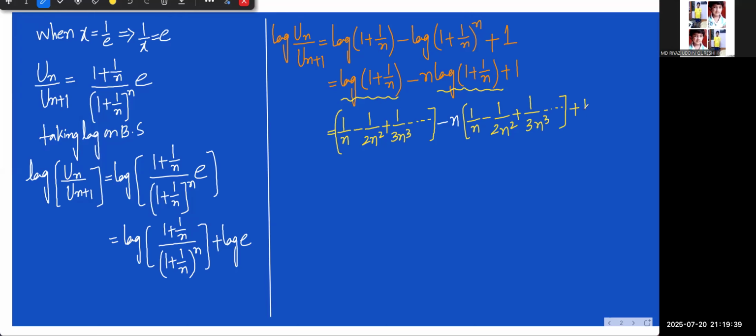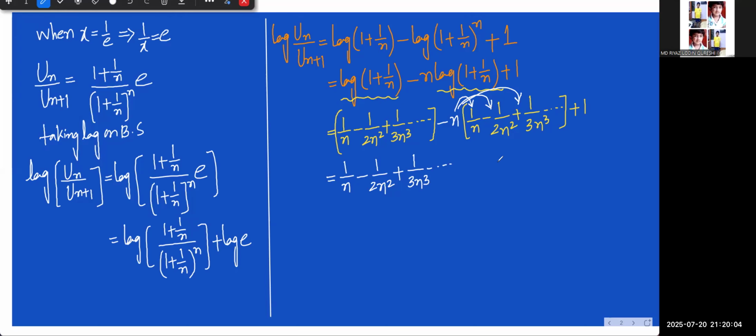plus 1. And here what to do is, we have to operate this one with this one, with this one with this also. What happened here is, ये 1 by n तो as it is रह जाएगा, ये minus 1 by 2n square, ये plus 1 by 3n to the power of 3 minus and so on.